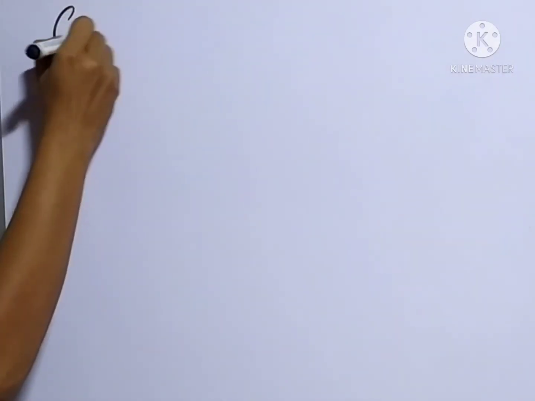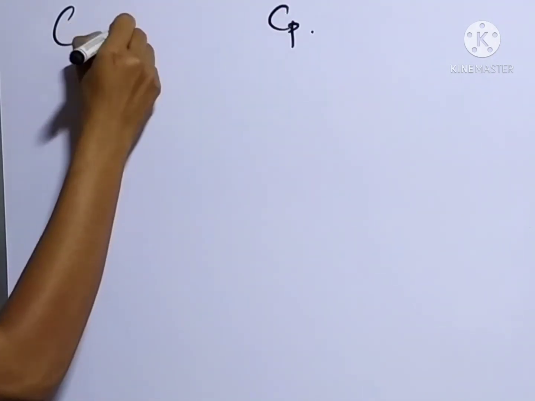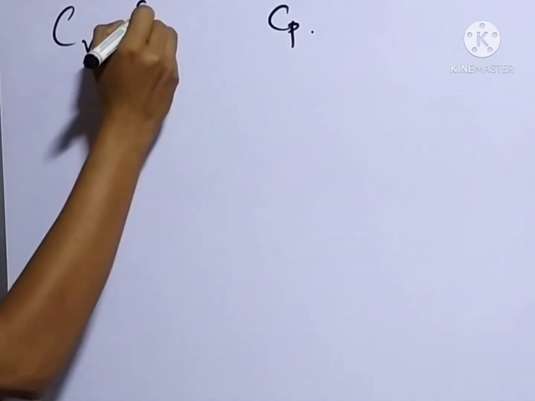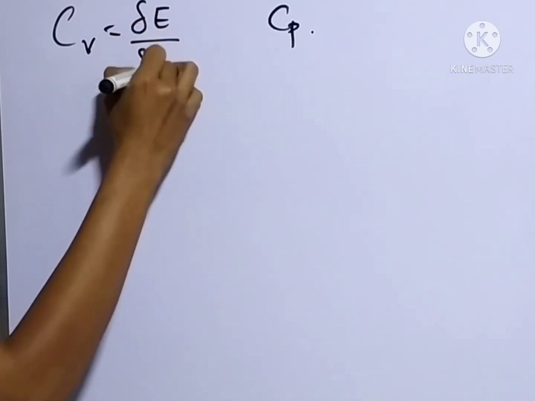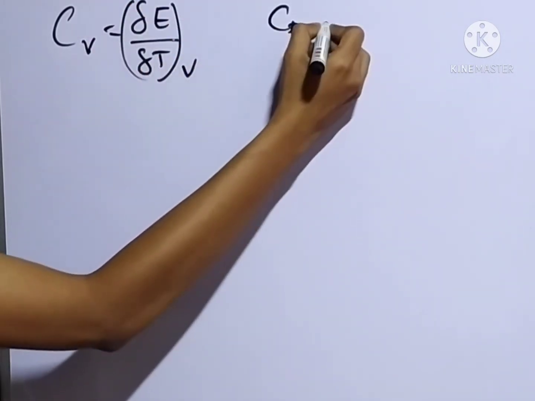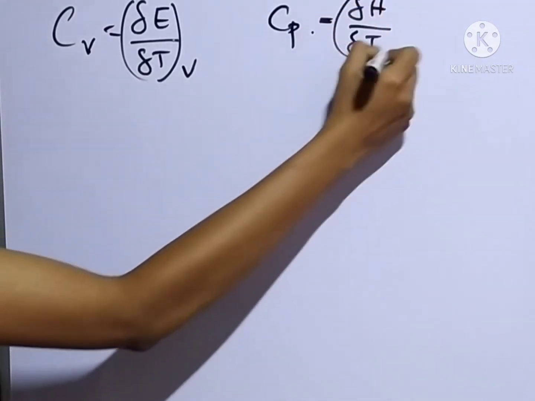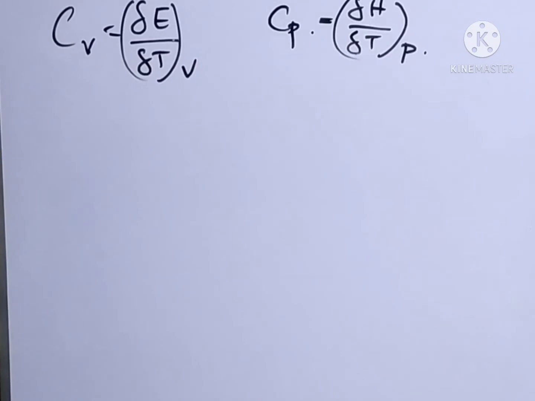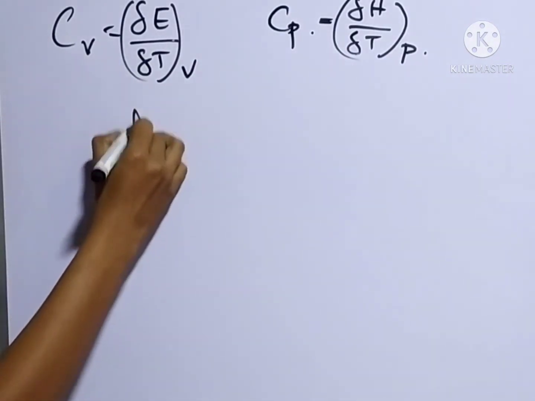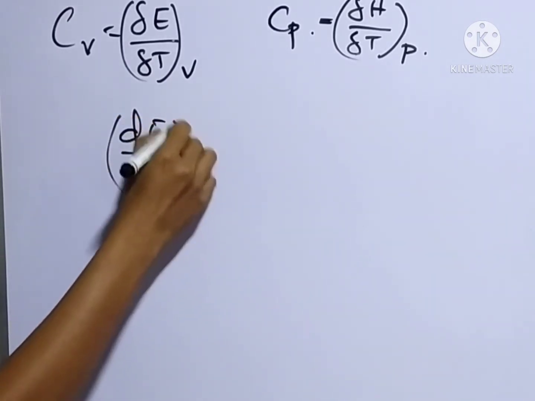In both the equations, we wrote Cv equal to del E divided by del T at constant volume, and Cp is del H divided by del T at constant pressure. If the change is very small, we usually use d, right? That is dE divided by dT.